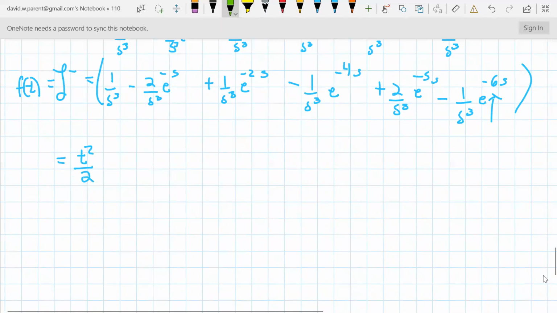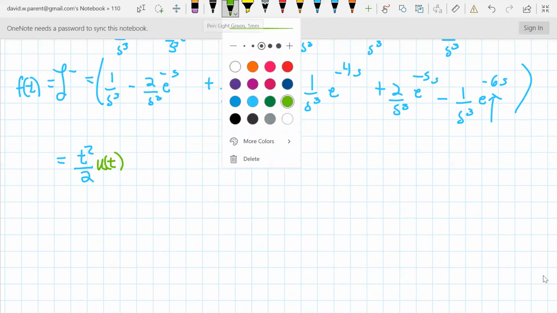Now, something important here is when you look at the Laplace table, it just shows you this, right? You've got to put in the u(t), right?